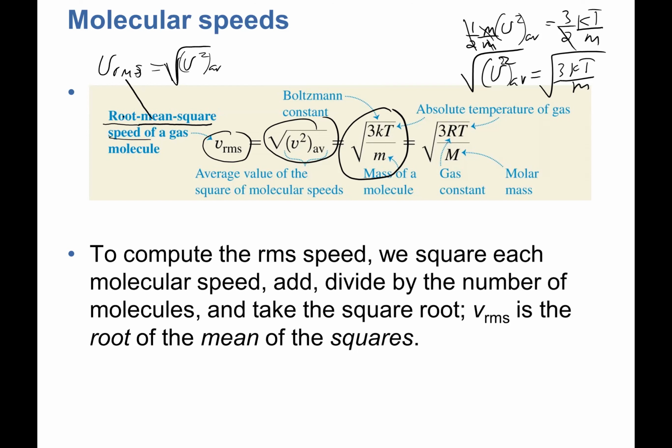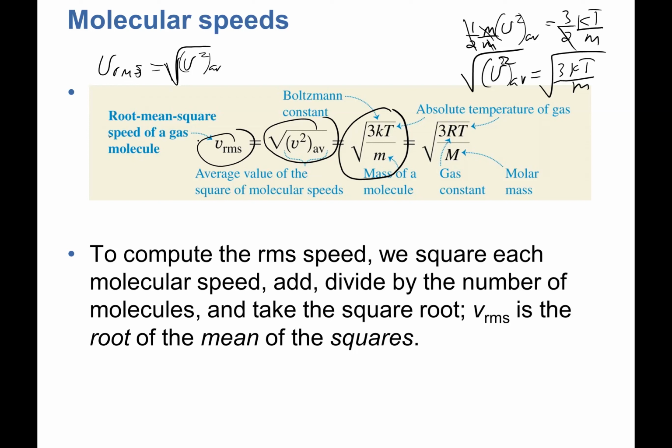That means most of the time when we talk about the speed of the particles in this microscopic world, we usually use v_rms, that is, you use the v_rms value to represent that. To compute the rms speed, we square each molecular speed, divide by the number of molecules, and take the square root.